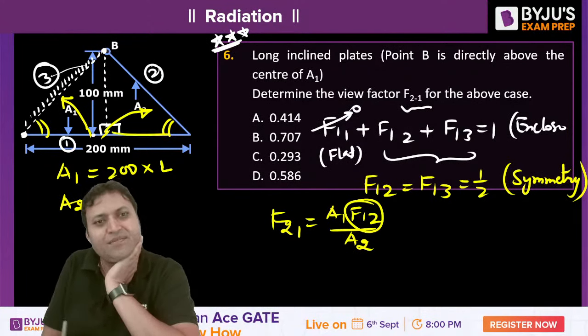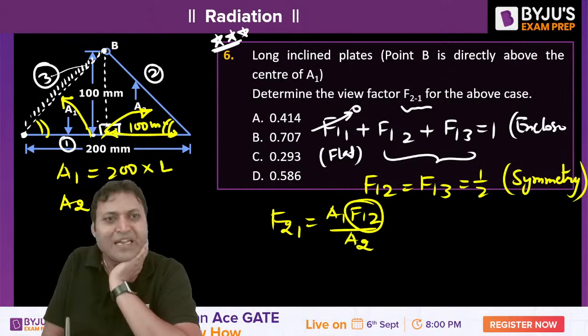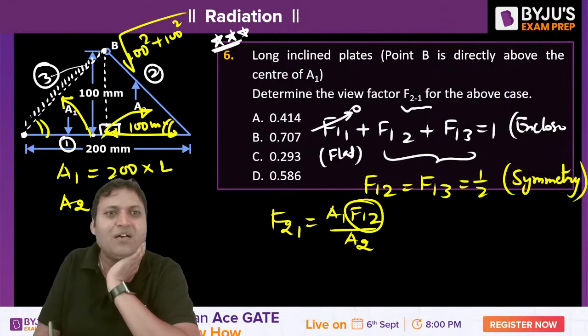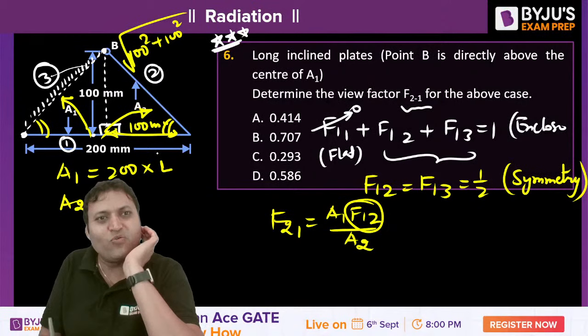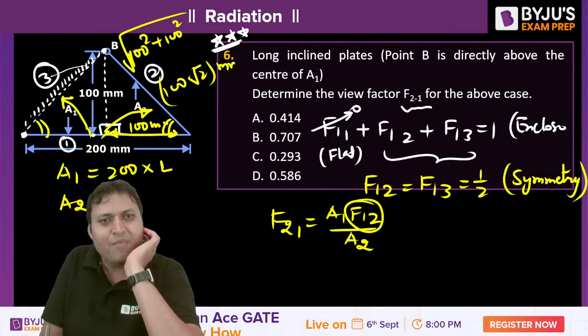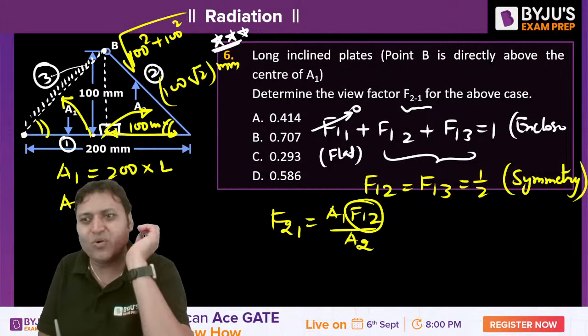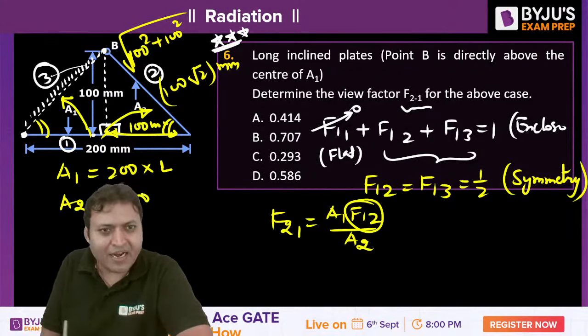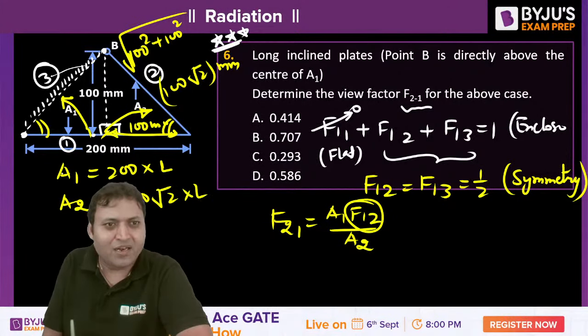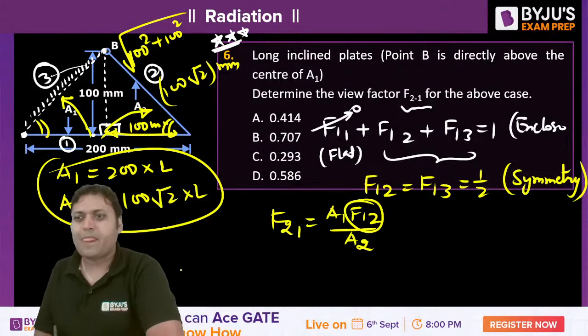This is 100 because it is the center. This is 100 mm. Vertical height is also 100 mm. So it will be 100 square plus 100 square under root, from the Pythagoras theorem. A2 will be 100 root 2 mm. A2 will be equal to 100 root 2 into L. Is this clear?